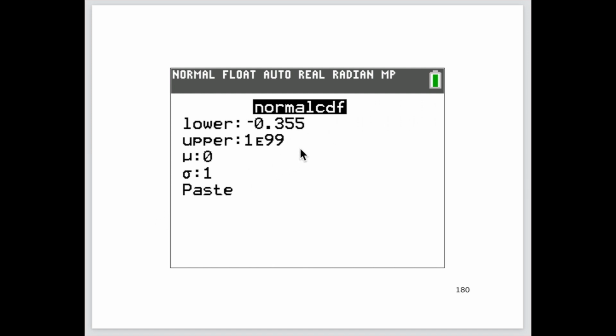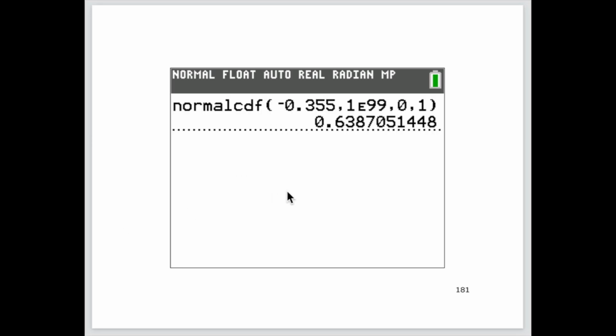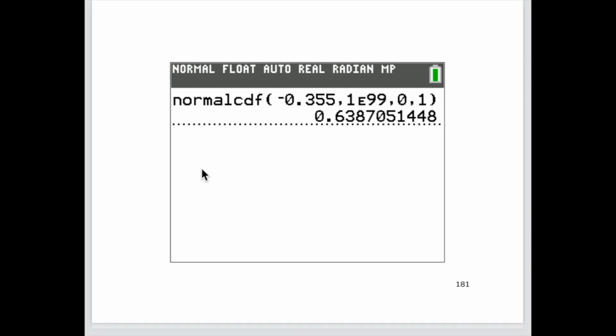Now the upper endpoint is positive infinity, and the closest thing we can get on this calculator is this value here, 1 times 10 to the 99th. Okay, and then when we run that, we get a value of 0.63870514448. So we get very high precision for this probability.